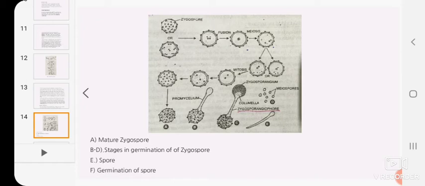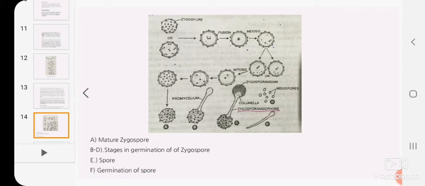Now I'll explain to you regarding the germination of this zygospore during favorable conditions. The zygospore absorbs water, swells, and its exospore ruptures, whereas the endospore or the intine protrudes out in the form of a germ tube, which is called promycelium.